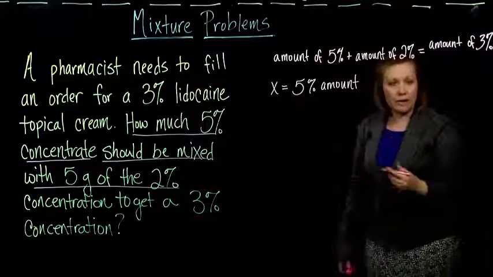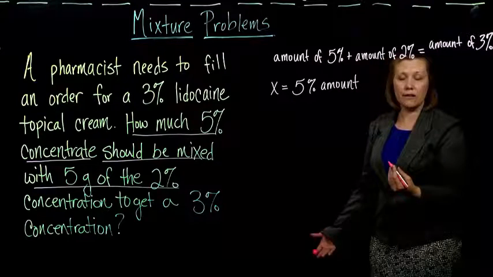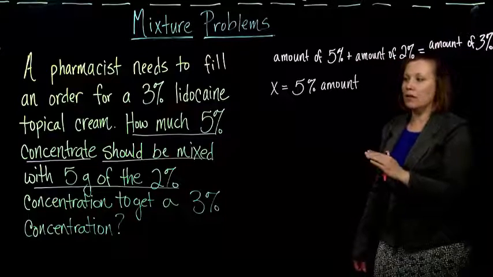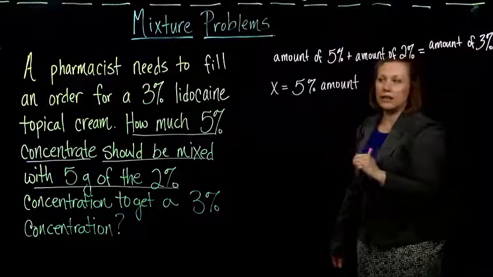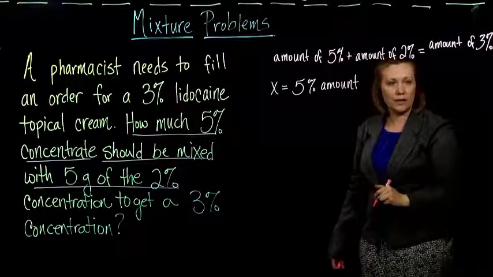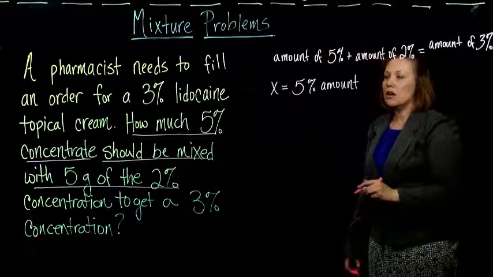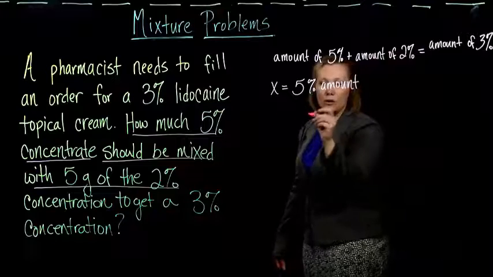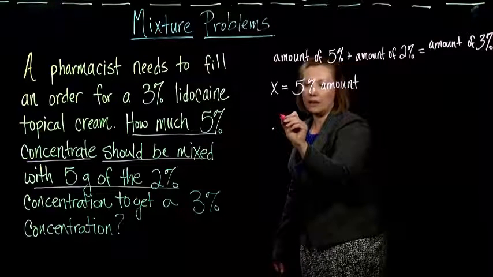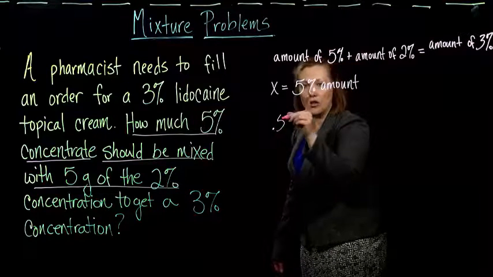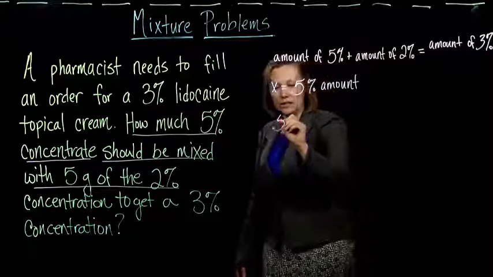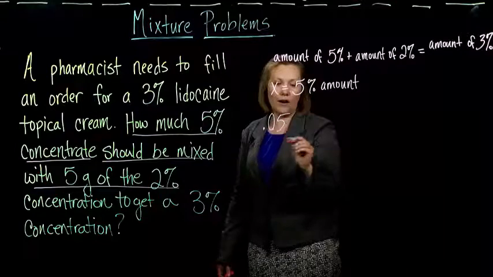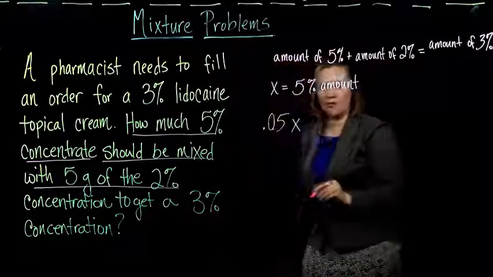Well, 5% of 100 is 5, so I have exactly 5 grams of pure lidocaine in that 100 grams of cream. So to find the amount of pure lidocaine, I would turn my 5% into a decimal, which would be 0.05, times the amount that I have.